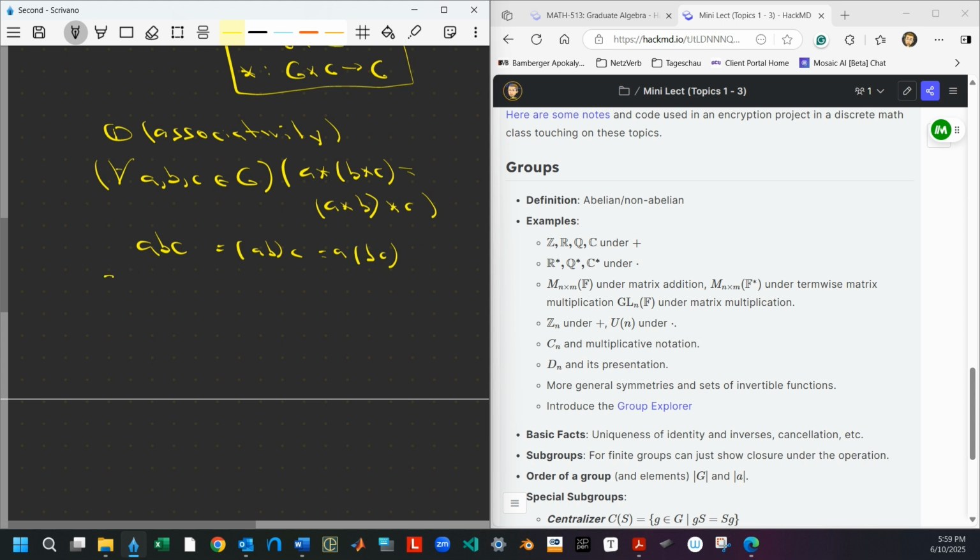So 2: E is an identity for this operation, the star identity.